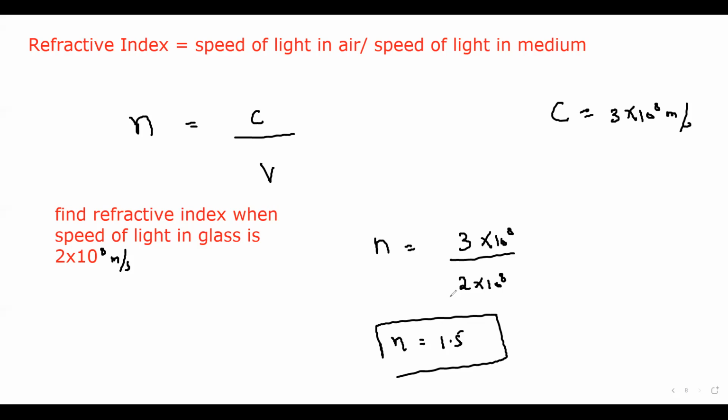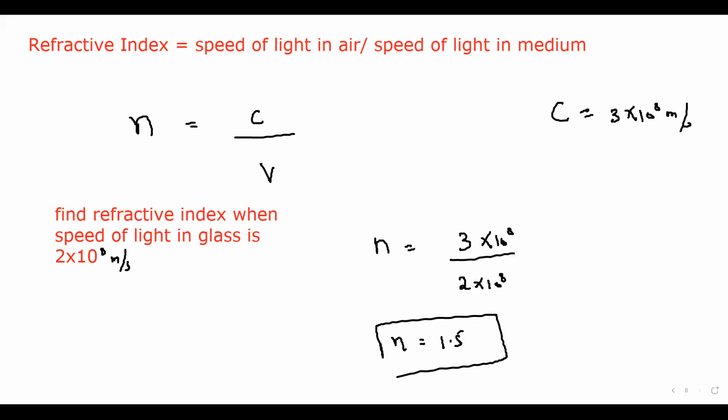So there are three formulas for refractive index: two in terms of angle, and one in terms of speed. The speed formula does not depend on whether light travels from air to glass or glass to air. But the angle formula does: from air to glass, it is sine angle I over sine angle R, and if it travels from glass to air, the formula will be opposite.